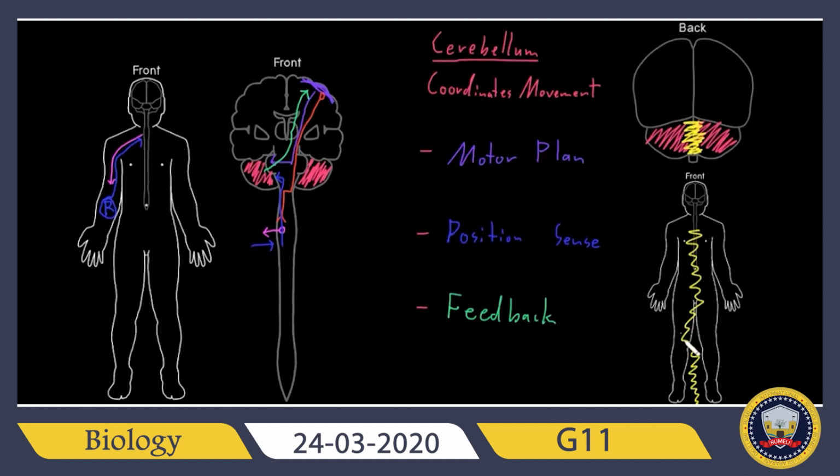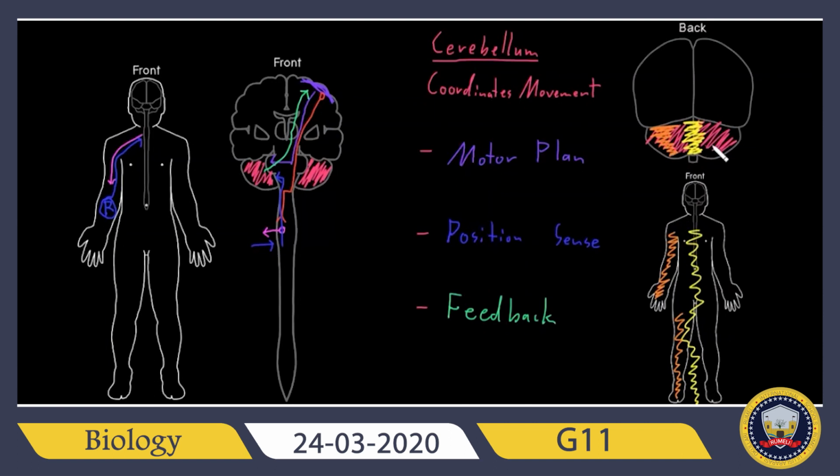So the muscles of the trunk and the legs involved in walking get a lot of coordination from the middle of the cerebellum here, while the part of the cerebellum more on the side, farther over to the side of the cerebellar hemisphere, is more involved in coordinating movements of the limbs. So coordinating movements of the arms and the legs when they're being used individually. That involves a lot of activity of the cerebellum over on the side here.